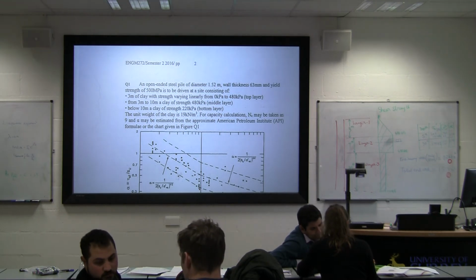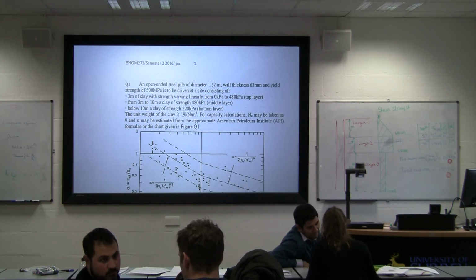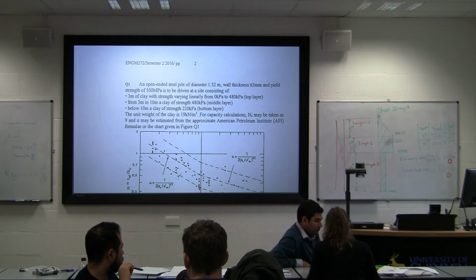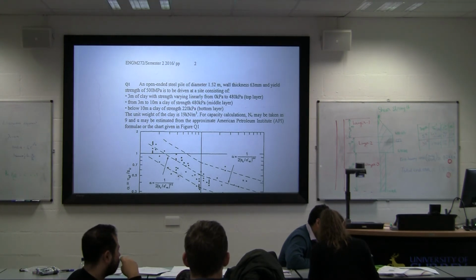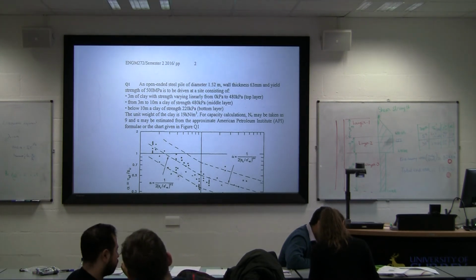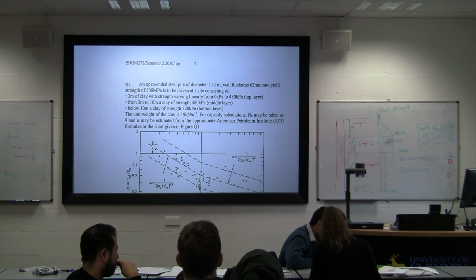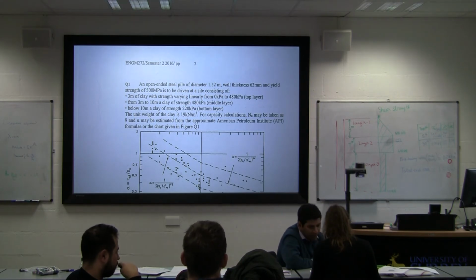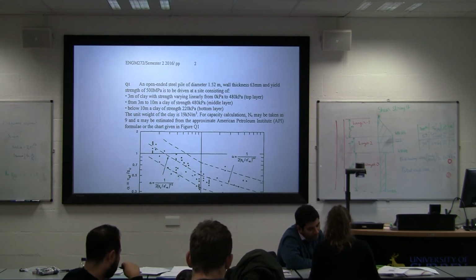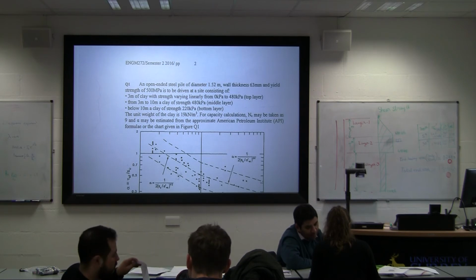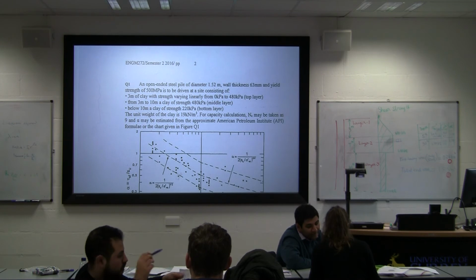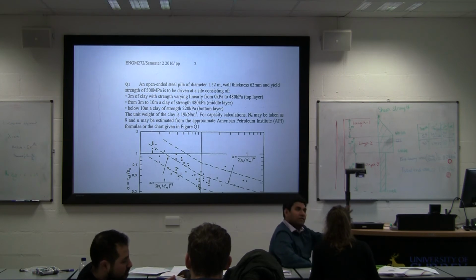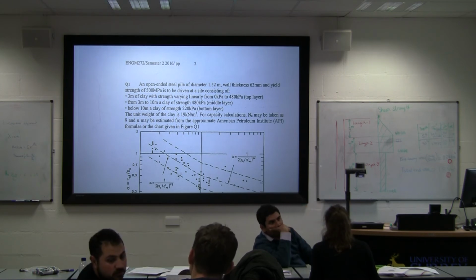So this one is not the total, that's just steam friction. So these are things.